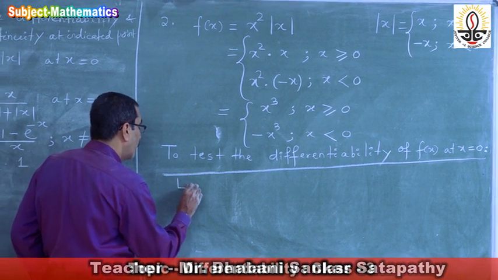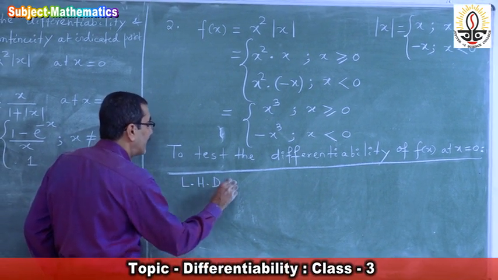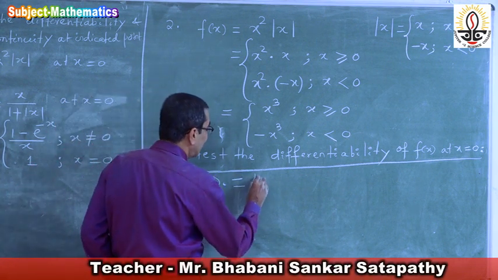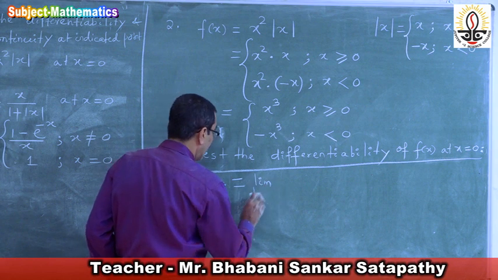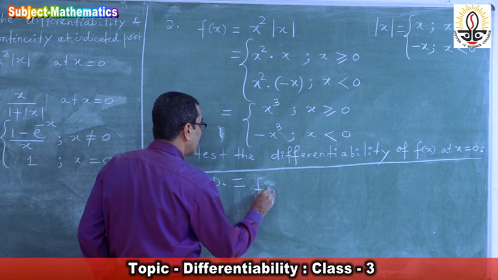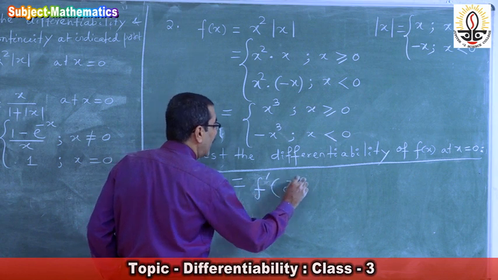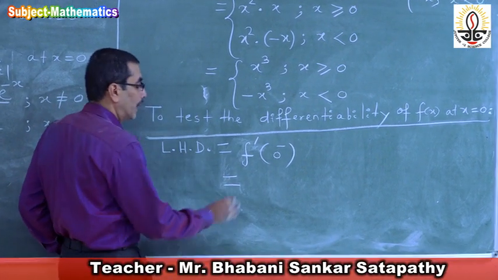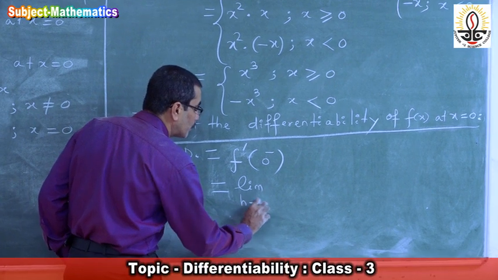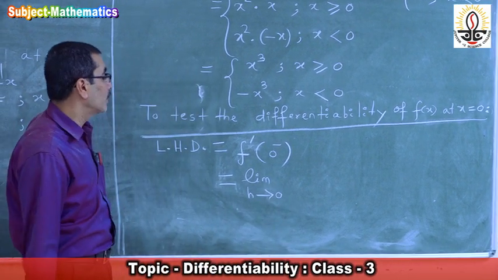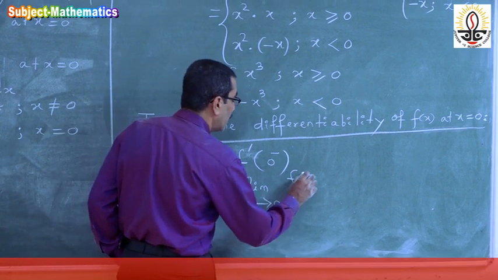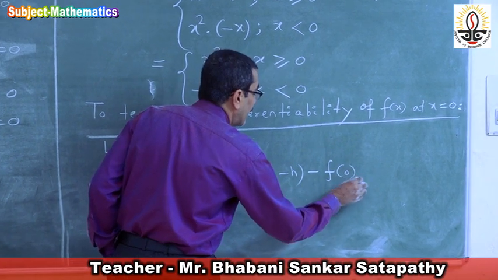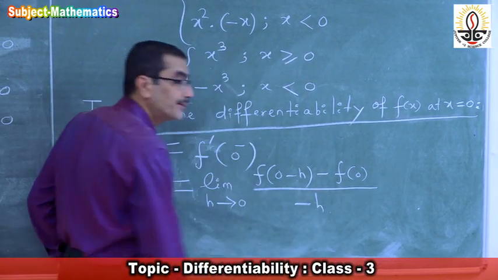First of all, we will find its left hand derivative, that is f dash 0 minus, which is equal to limit h approaches to 0, f of 0 minus h minus f of 0 divided by minus h.